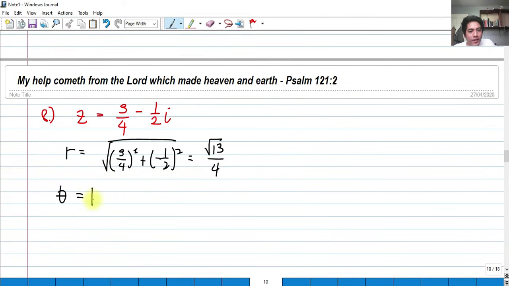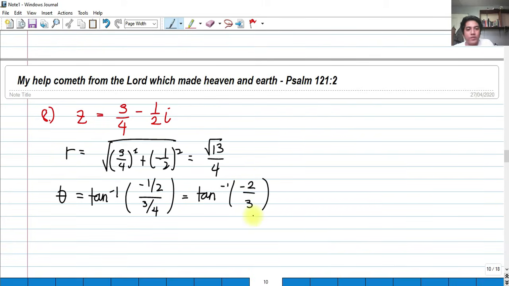The angle theta is arctan of y over x, negative 1 half over 3/4. In simple terms, that would be negative 2/3. The arctan of negative 2/3 is negative 0.588.